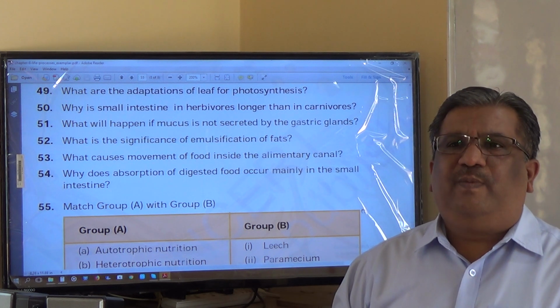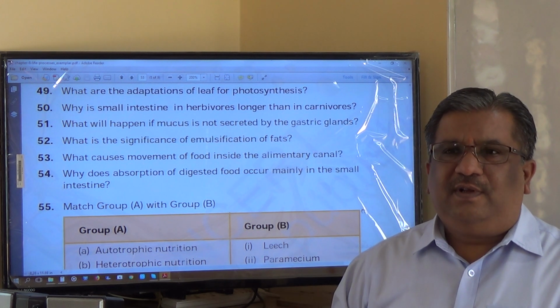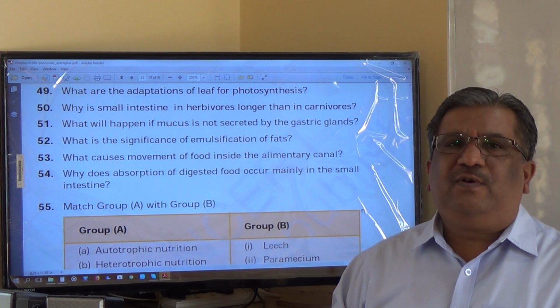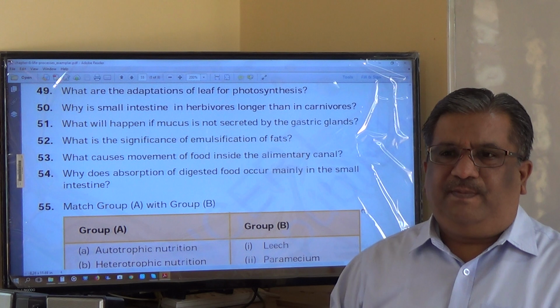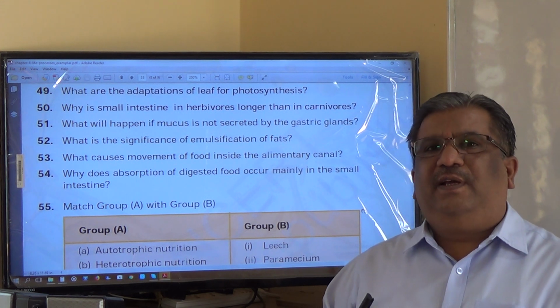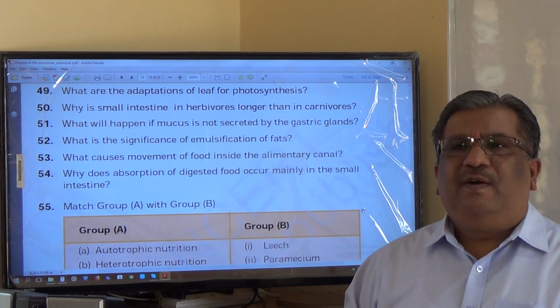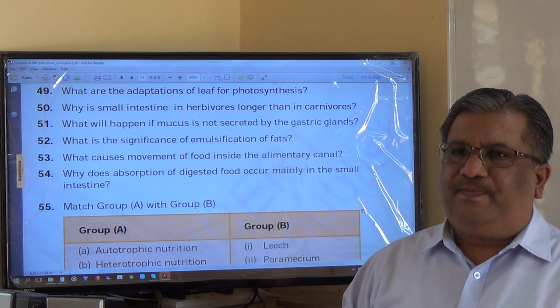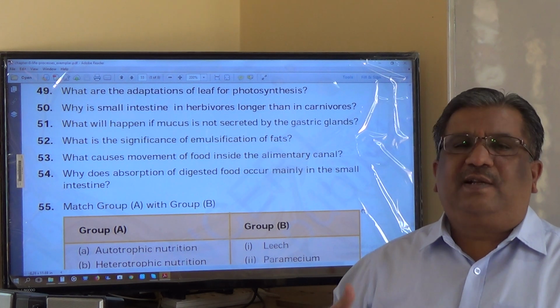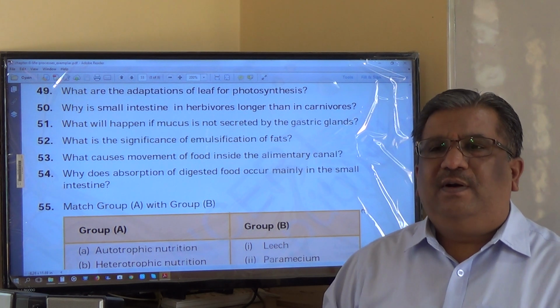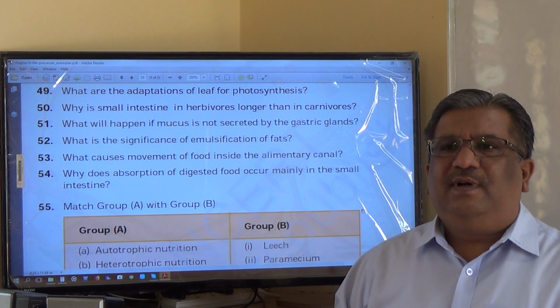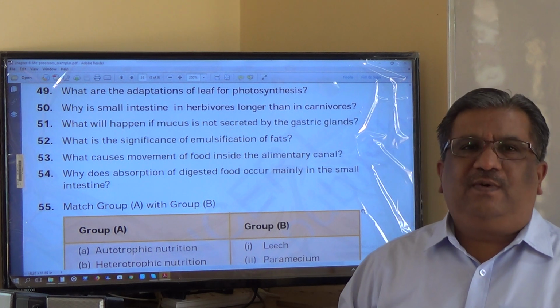Action of enzymes will be reduced if those are not broken down into smaller globules. In order to increase the efficiency of the action of the enzymes, the emulsification process, that is, breakdown of larger fat globules into smaller fat globules, is needed.